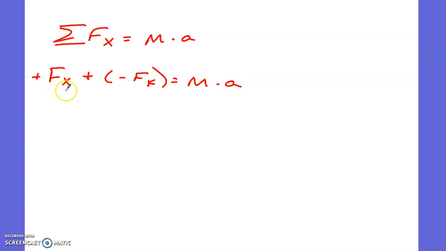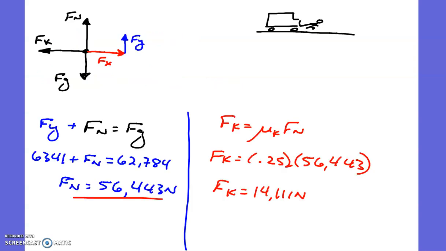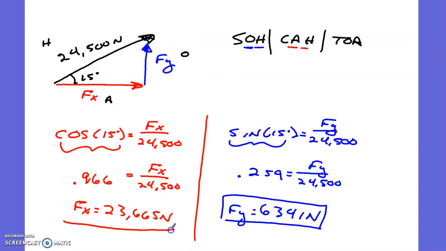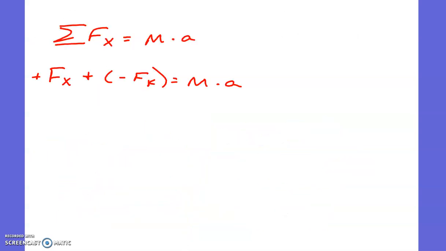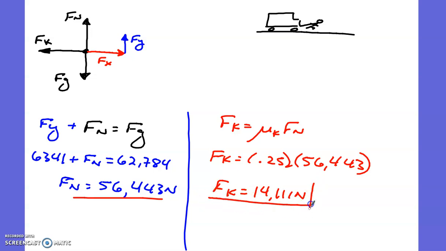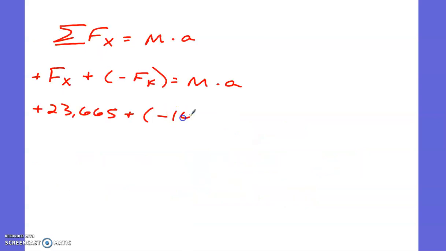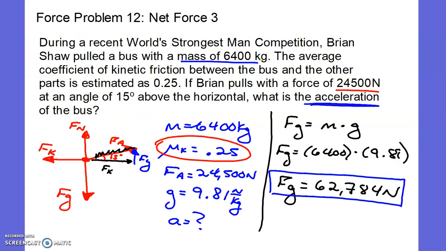Remember back here, Fx is 23,665. We just solved for Fk. Fk is 14,111. We know the mass. The mass was 6,400 kilograms.